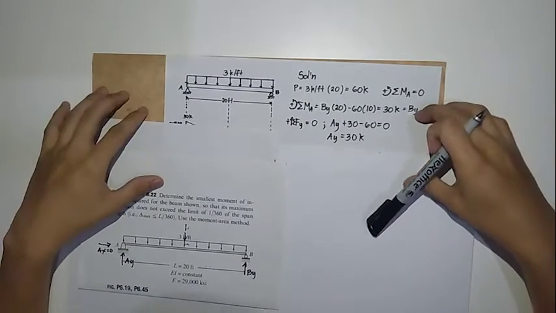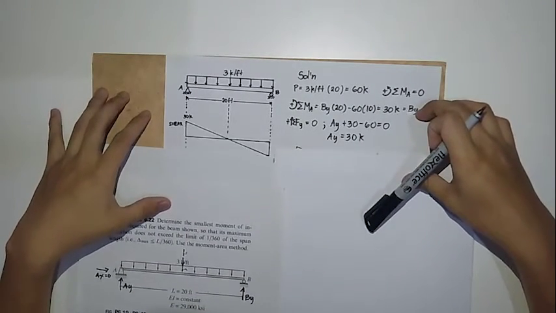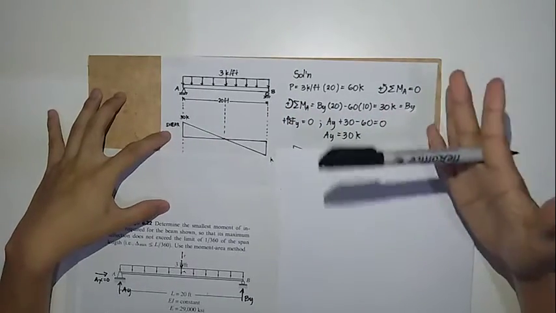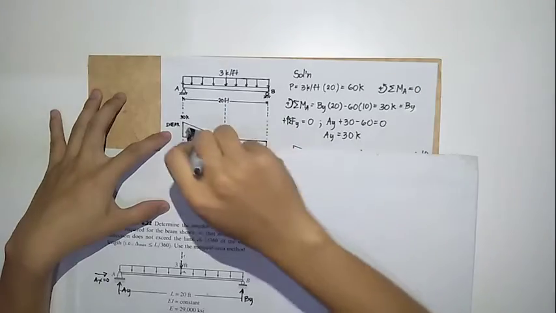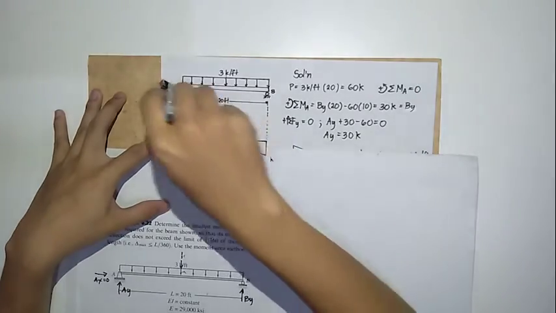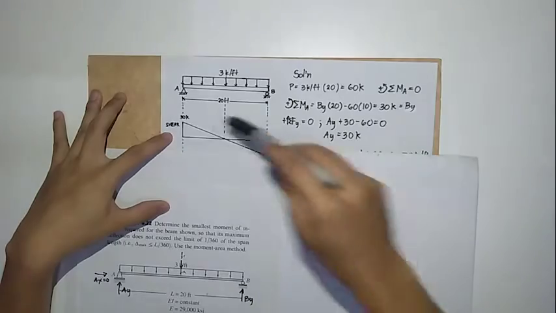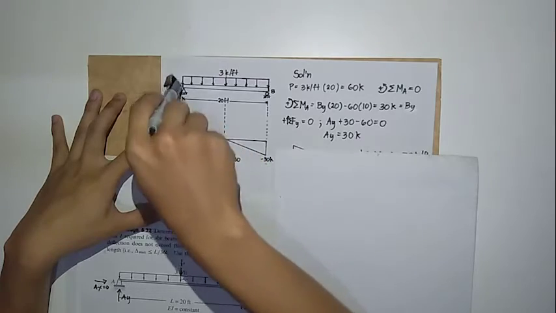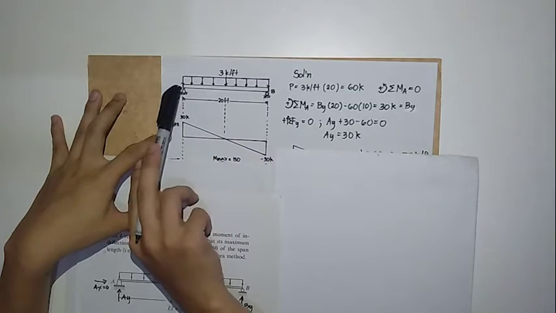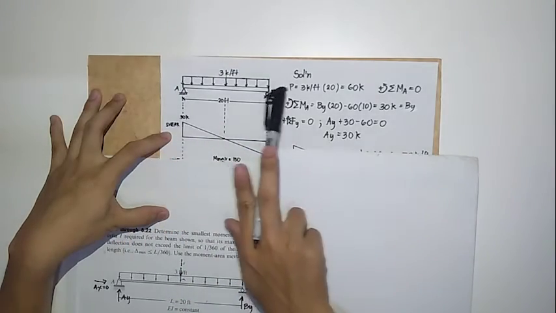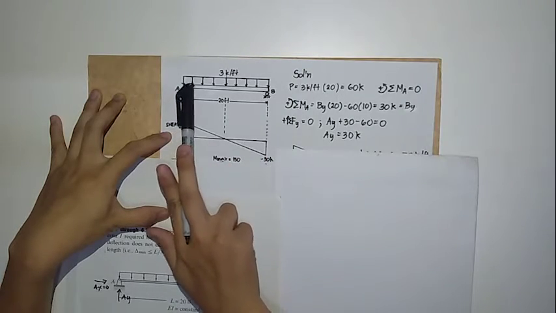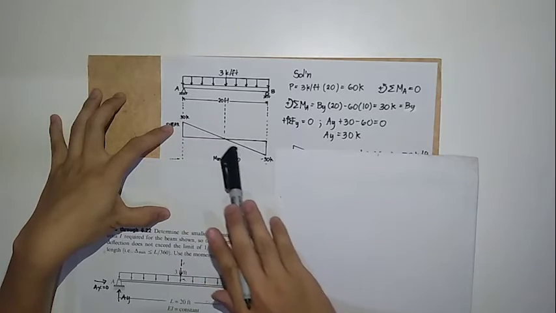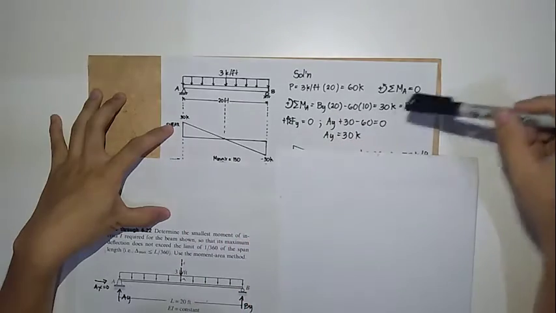So, pagkatapos nun, ay gagawa tayo ng shear diagram. So, according doon sa mga past subject natin sa strength of materials, ganito lamang ang paggagawa ng shear diagram pag uniformly distributed load. Kasi, ito 30 kips na paakyat. At saka itong uniformly distributed load ay mapapansin mong diretso-diretso lang siya. Kaya, linear po ito at saka pababa ang direction. So, hanggang sa negative 30.